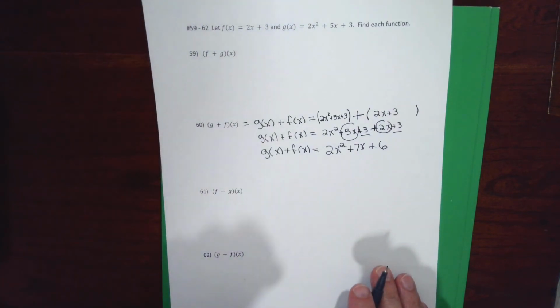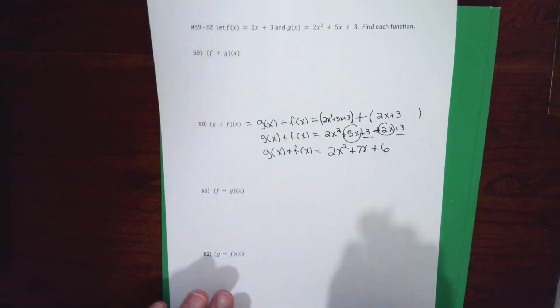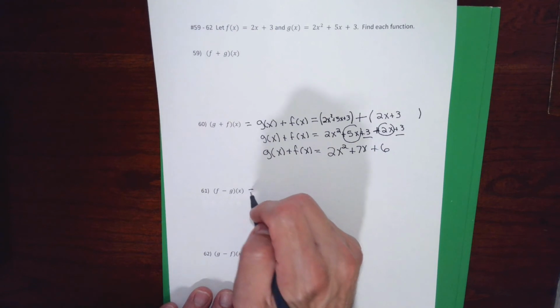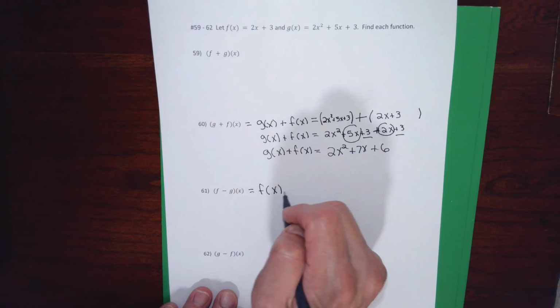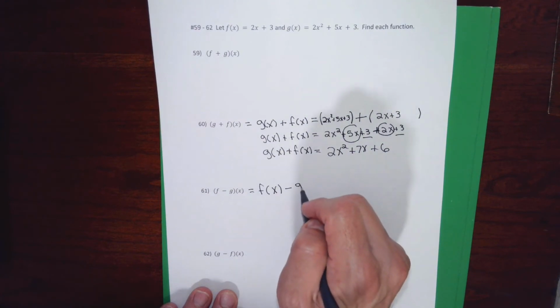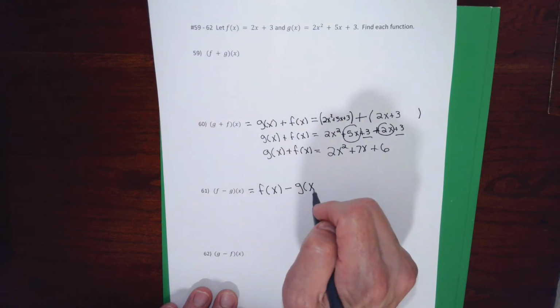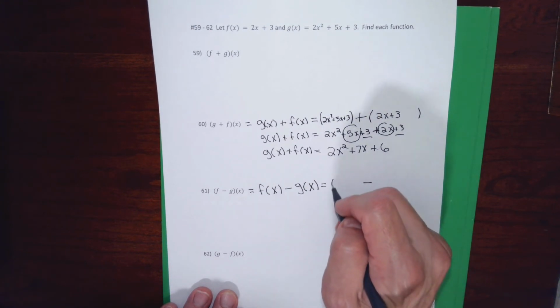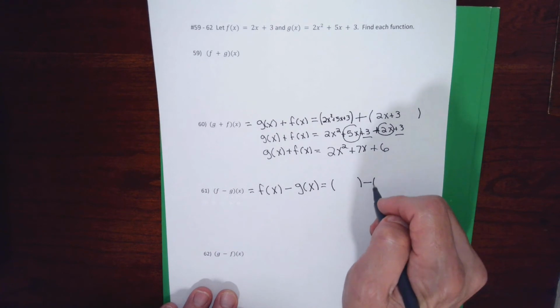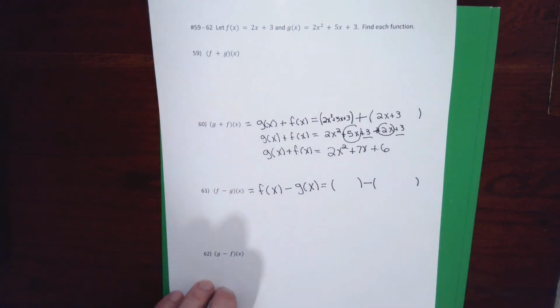Problem 62, let's just do 61 together. Problem 61 asks me to find f minus g evaluated at x, and that's the same as asking you to find f evaluated at x minus g evaluated at x. And I would do that by putting the minus sign that's between the f and the g of x to the right of an equal sign, and I'll put parentheses on either side of the minus sign.